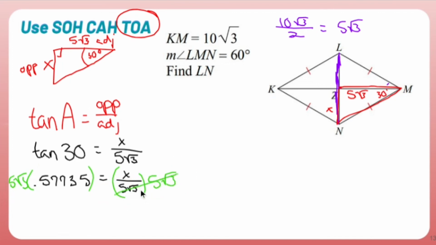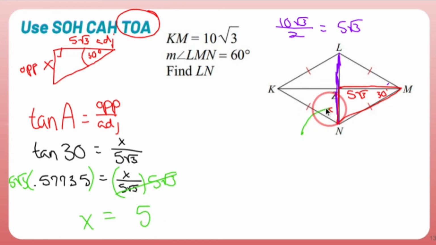That allows me to cancel that out. X is going to equal, now let me run to my calculator again and take this guy and multiply it. So hit the times button, 5 root 3. Wouldn't you know it? I get a perfect 5. It's as if God is smiling down on us.